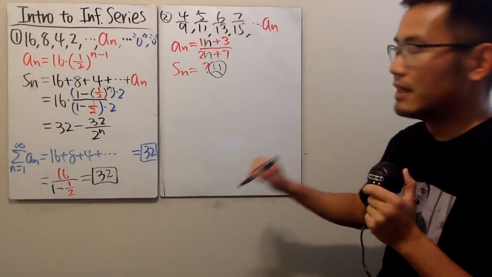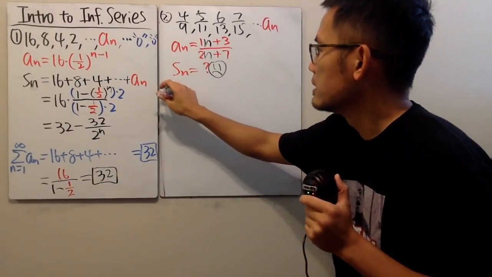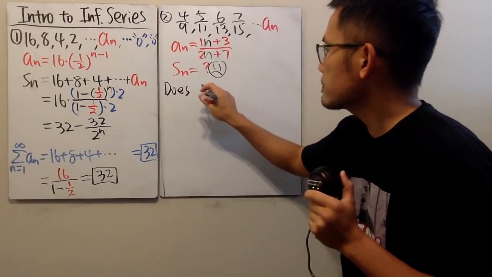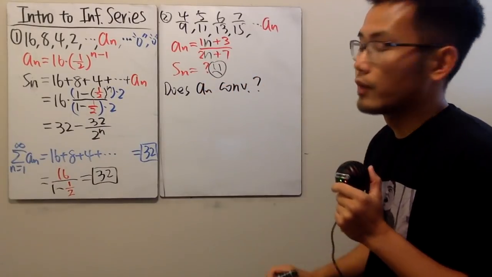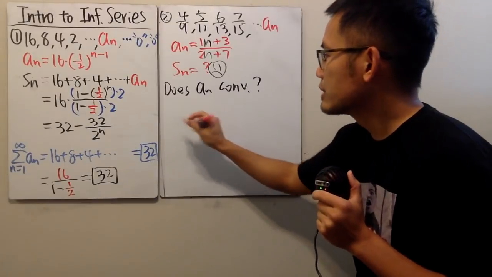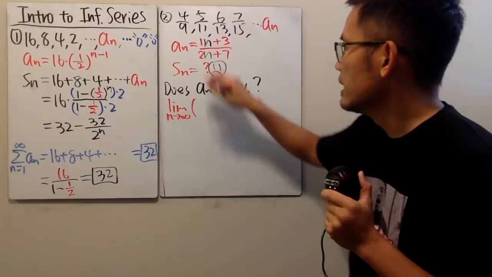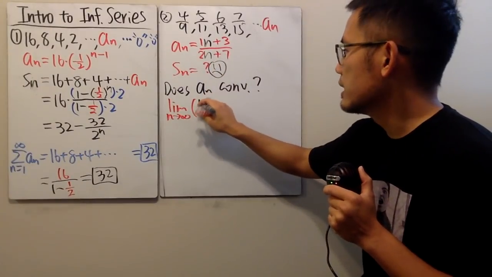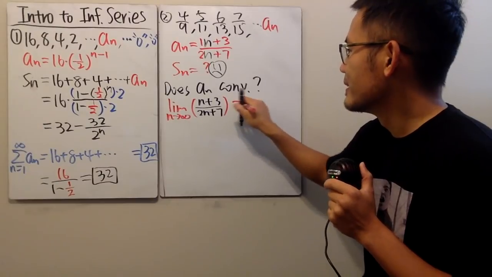All right. Now, let's go back to the questions that we were studying earlier. First part is, does An converge? Well, for this, I just have to take the limit as n goes to infinity of the An formula, which is just n plus 3 over 2n plus 7.